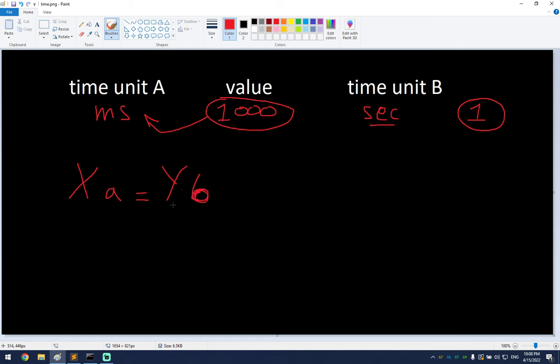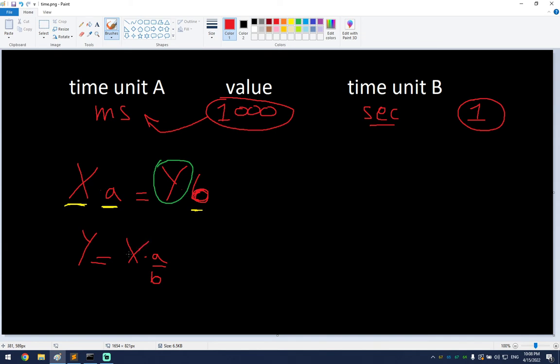So you have these two multiplications, and let's see what we know here. We know that x is the value that the user gives, a is a ratio that I need, and b is the other basic time unit, okay? And what I need to find is this y here, okay? So if we solve this using basic math, we see that y equals x times a divided by b.